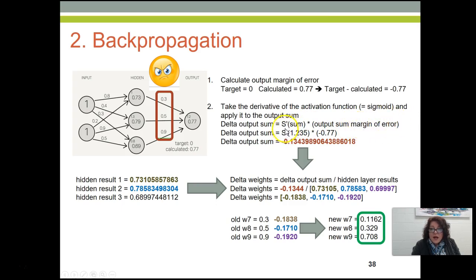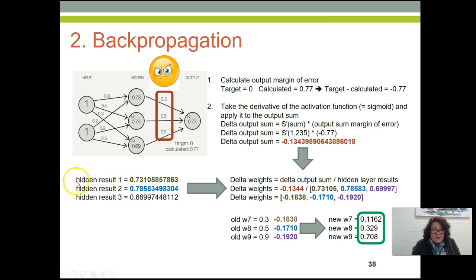This means we apply our derivative of the sigmoid function to 1.235, because that was our output of the summary function, and multiply it by minus 0.77. This means the delta of our output sum is minus 0.134 and so on.